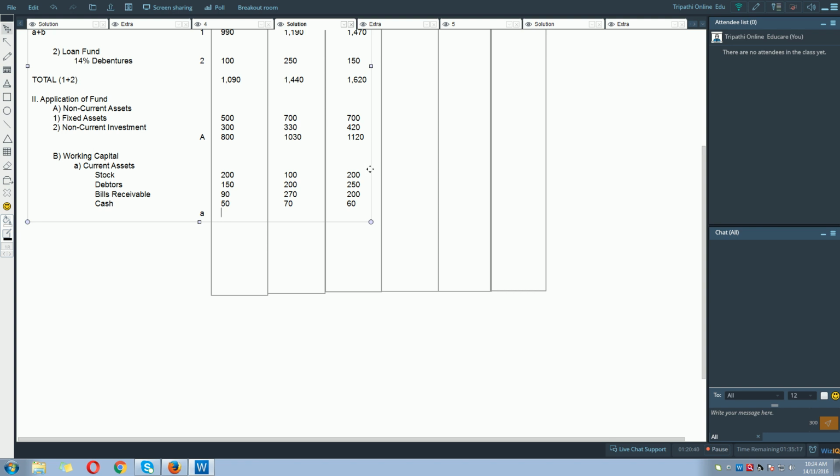Let me increase the size of the column. Debtors 150, 200, 250.